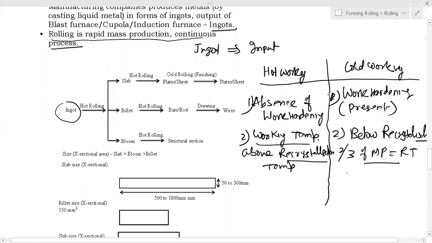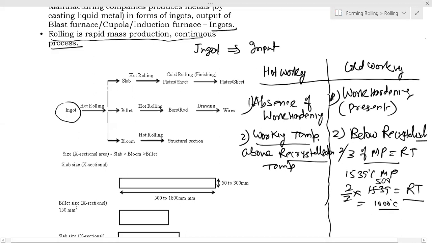Suppose iron has a melting point of 1539 degrees centigrade; two-thirds of that is roughly 1000 degrees. So if iron is above 1000 degrees centigrade, we call it hot working.